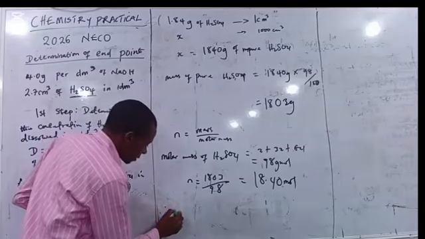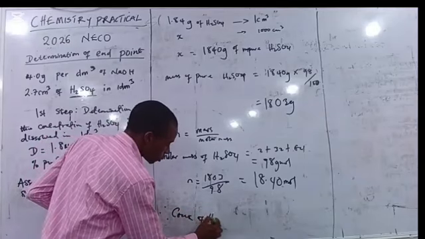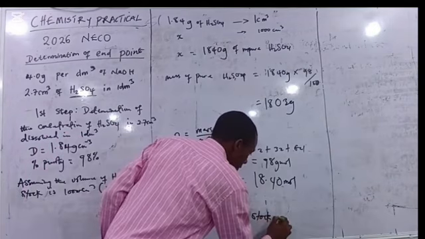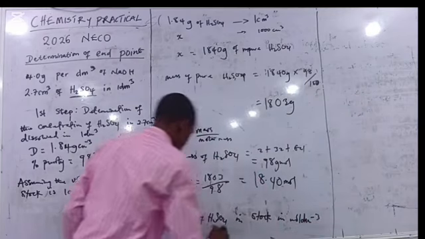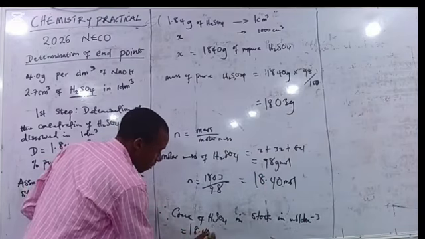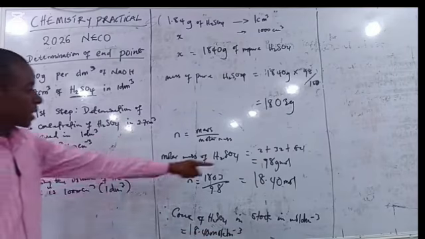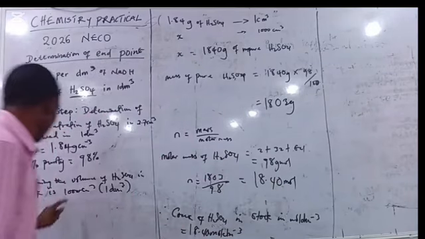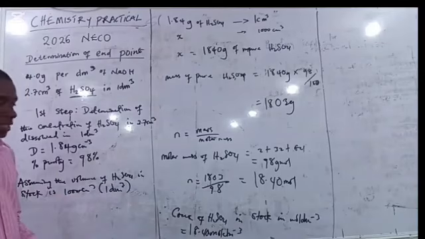We can say that the concentration of H2SO4 in stock in mole per dm cube is equal to what? 18.40 mole per dm cube. Remember, this 18.40 mole is contained in 1000 cm cube or 1 dm cube. So hope that is clear.